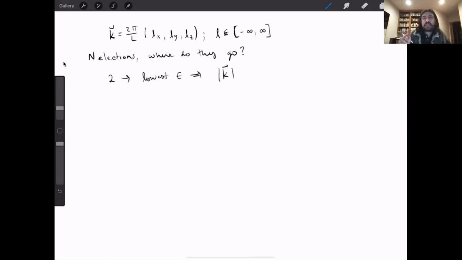This K is a vector, but we can find a magnitude of K. The lowest occupied one is the smallest one, where K is equal to 0. And then I put 2 there. Then you're going to put electrons 2 at a time into a state.